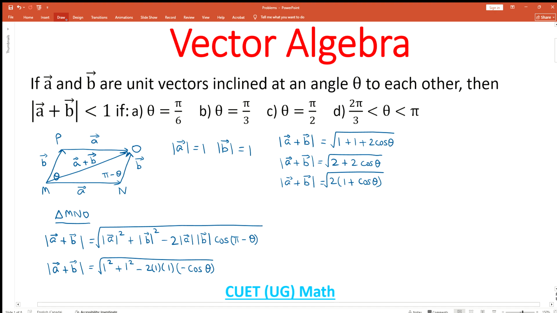In this problem, we have to find the value of theta for which magnitude of vector A plus vector B is less than 1.